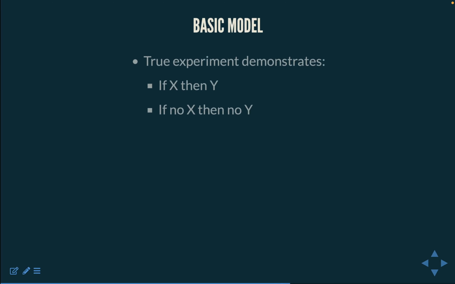The basic method of a true experiment includes the subject of that experiment, the independent variable, and the measured dependent variable. A true experiment is not only to demonstrate if X then Y, but also to demonstrate if no X then no Y. If the researcher succeeds in providing evidence for both of these statements, then X has been isolated from the potential causes of Y. That is to say that the treatment or cause can be seen to be the only phenomenon acting to create the identified effect.